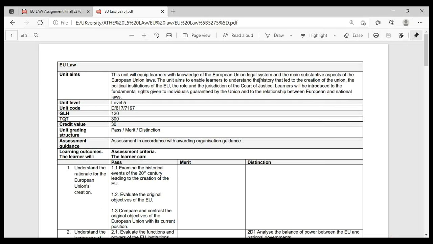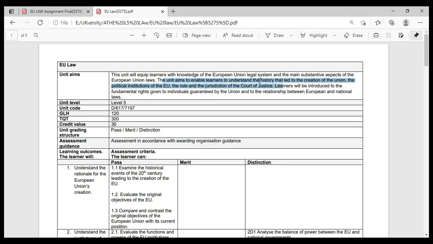So the key aim of this unit is to equip learners with knowledge of the European Union legal system and the main substantive aspects of European Union law.